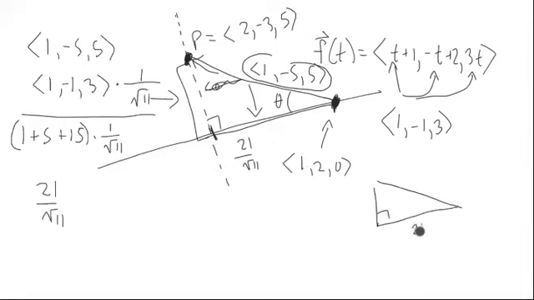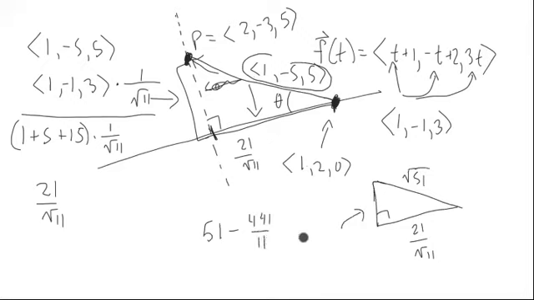But let's just do that using the Pythagorean theorem. It's not too bad. So pretty much, it's the square root of this squared minus that squared. So we get 51 minus 21 squared over 11, which happens to be 441 over 11.